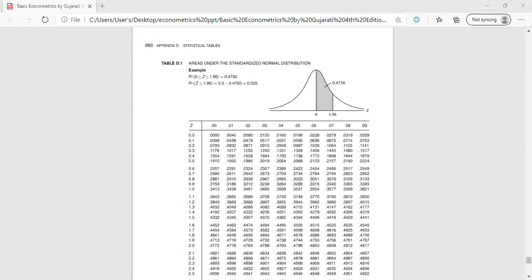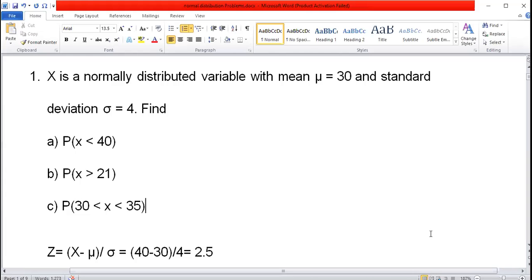Professor, can we see the question again? Here. So do B and C. Can you see now?